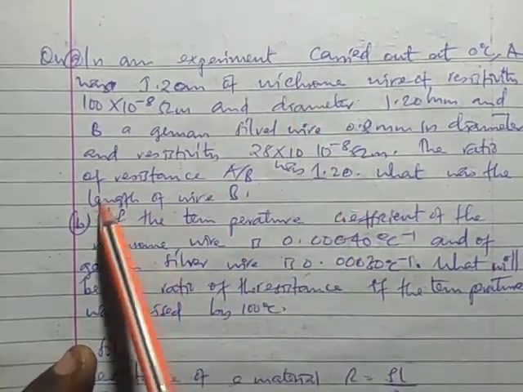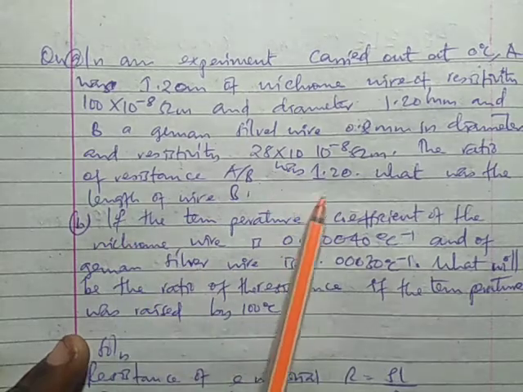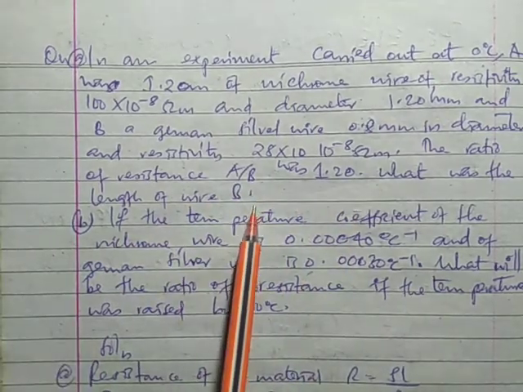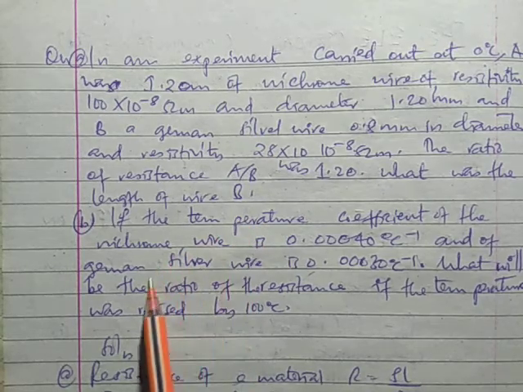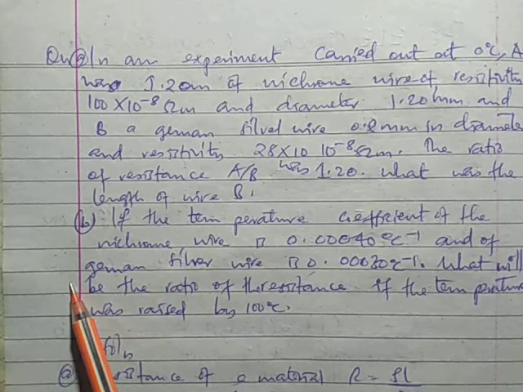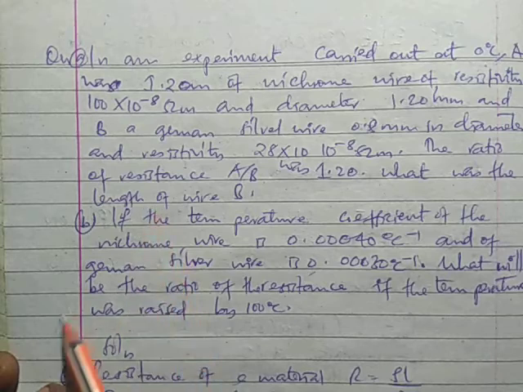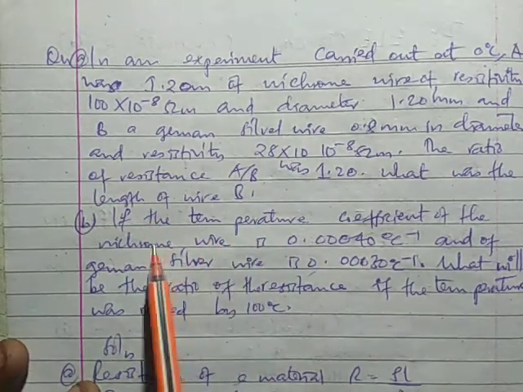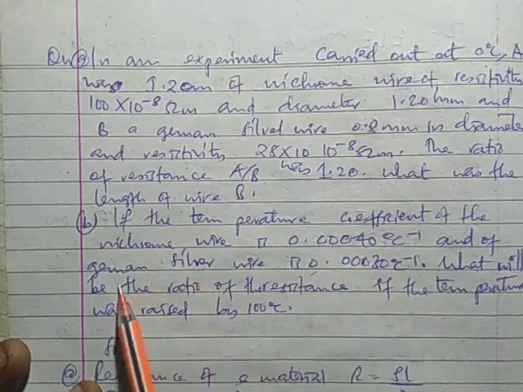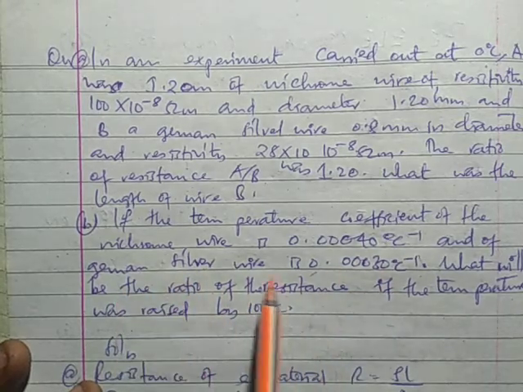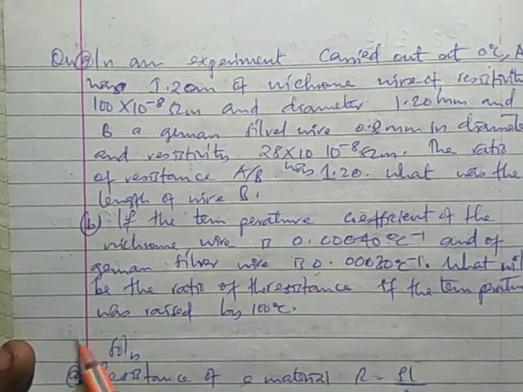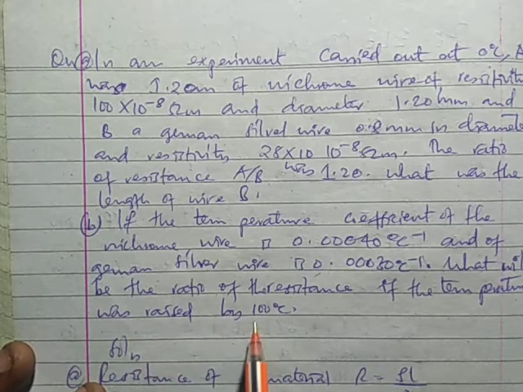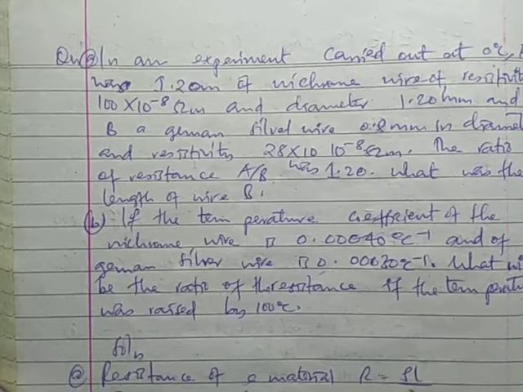The ratio of resistance A over B was given. What was the length of wire B? So you are given the ratio of resistance, and you are asked about the length of wire B. If the temperature coefficient of the nichrome wire is this one, and that of German silver wire is that one, what will be the ratio of resistance if temperature is raised by 100 degrees Celsius?